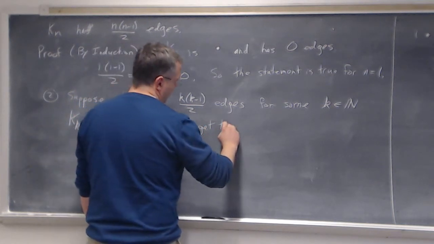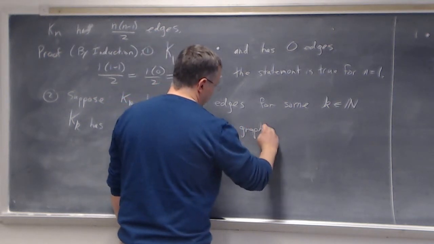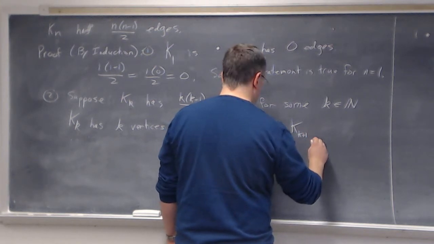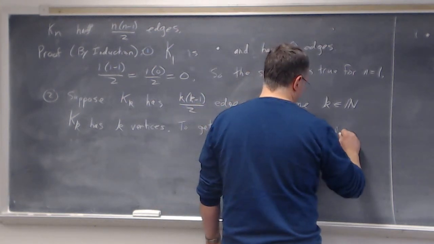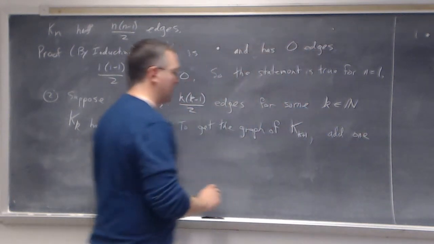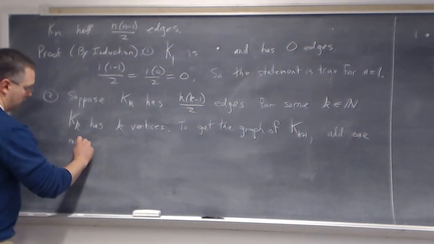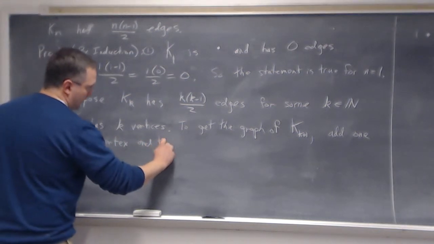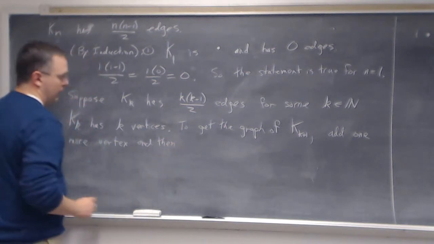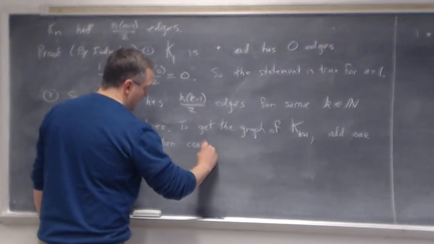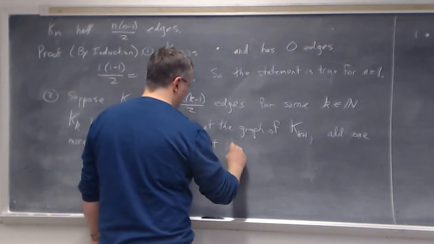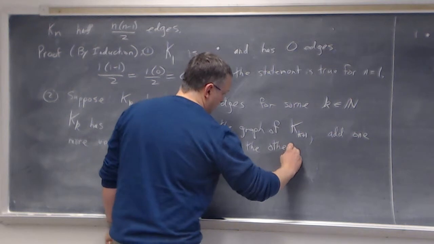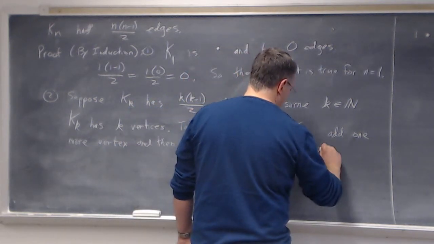So to get the graph of K sub k plus 1, add one more vertex, and then connect it to the other k vertices.